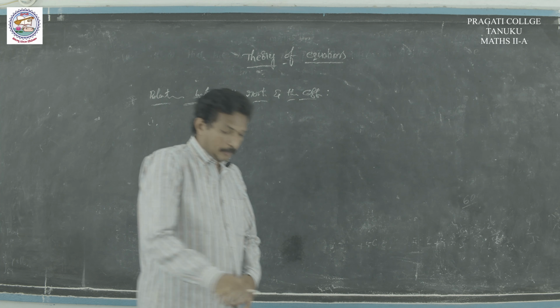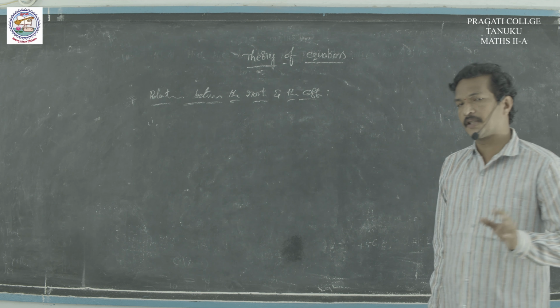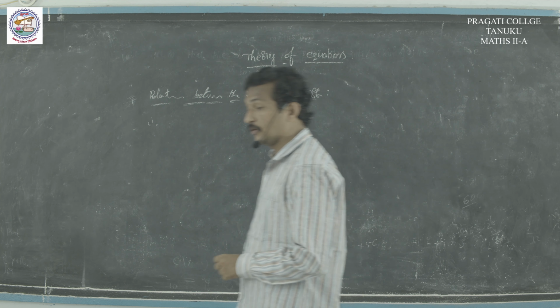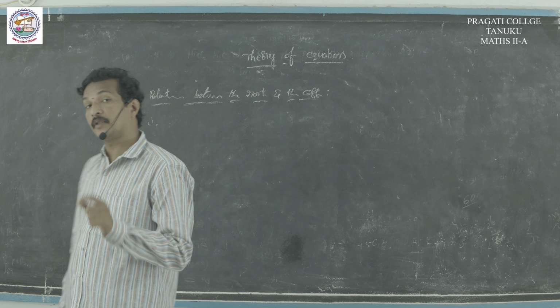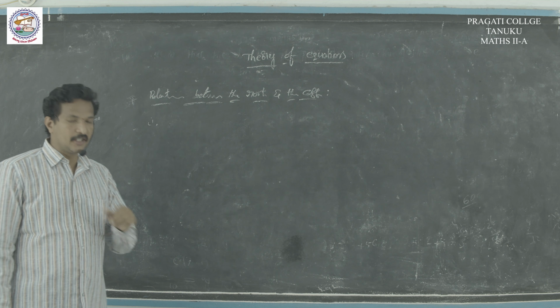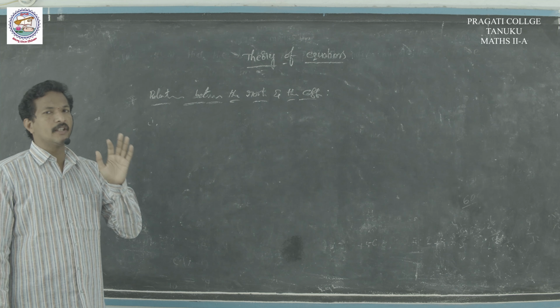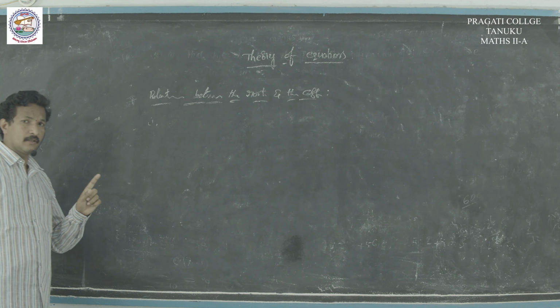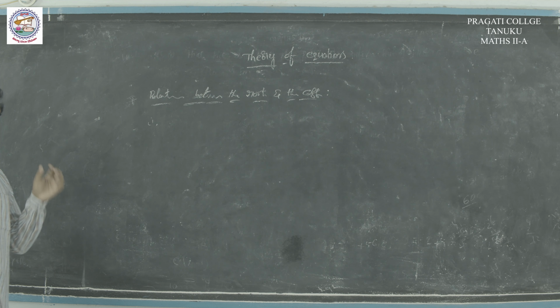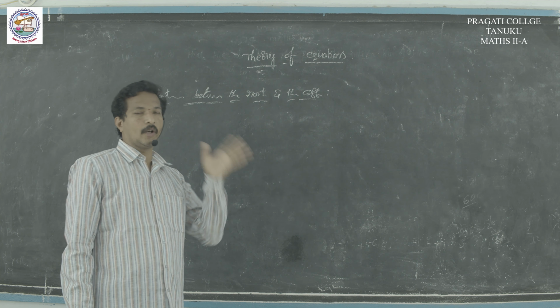In the previous chapter there is a relation between the roots and coefficients, that is, alpha plus beta is equal to minus b by a and alpha beta is equal to c by a, where alpha comma beta are the roots of the equation ax square plus bx plus c equal to 0. But in this chapter we can observe that every equation is a monic equation. That means the leading coefficient is 1, that means the largest term coefficient is 1.